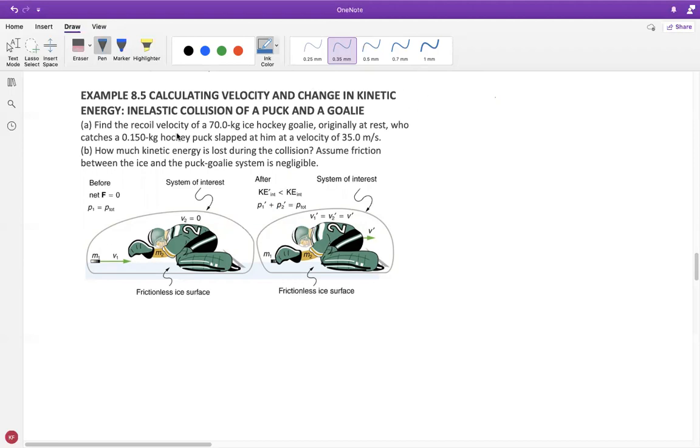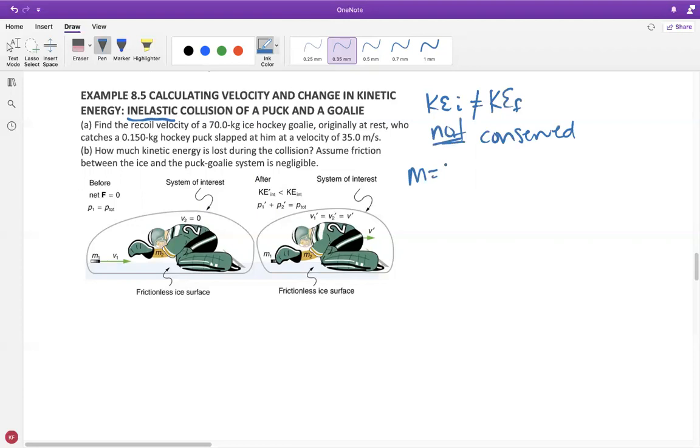Remember that an inelastic collision is where my initial kinetic energy is not equal to my final kinetic energy, or it's not conserved.